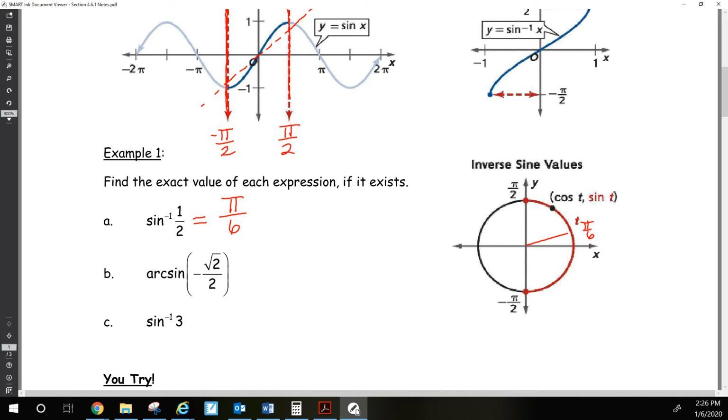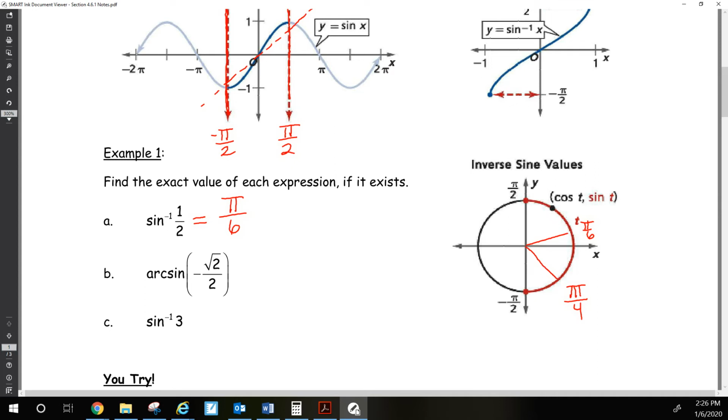All right, so we're asking ourselves, for what angle is my sine value negative square root 2 over 2? Is the y value negative square root 2 over 2? That's going to be down here. On the unit circle, that's 7 pi over 4. But 7 pi over 4 is not what we want to call it.